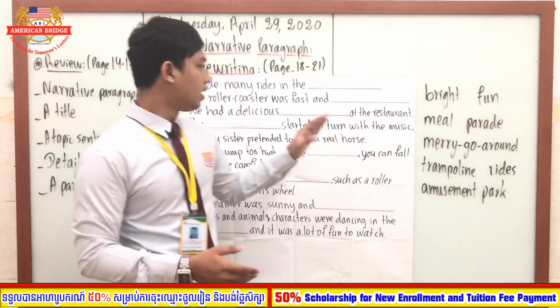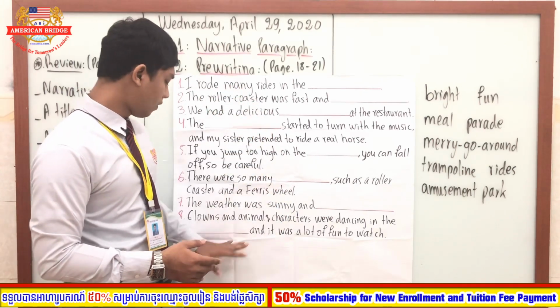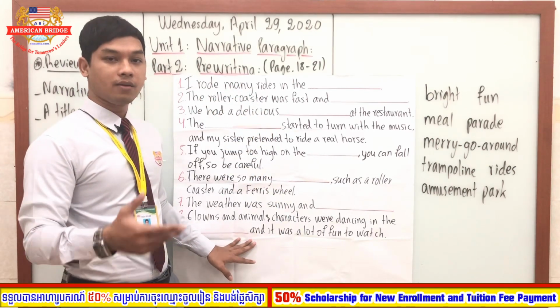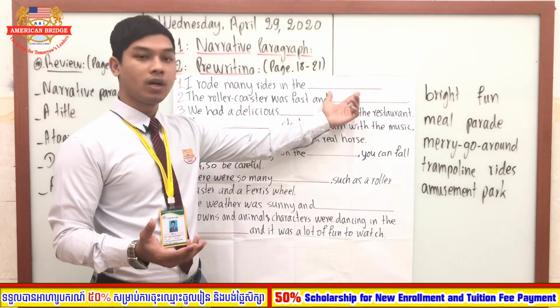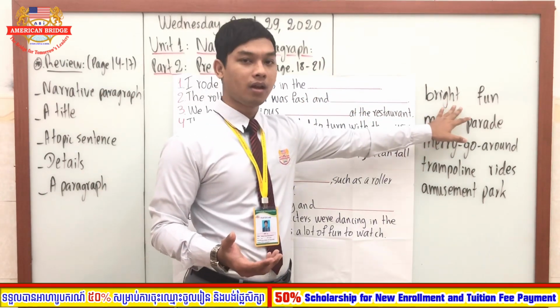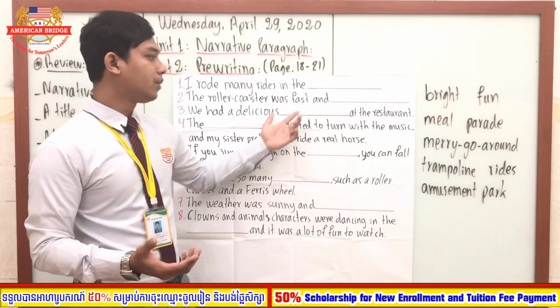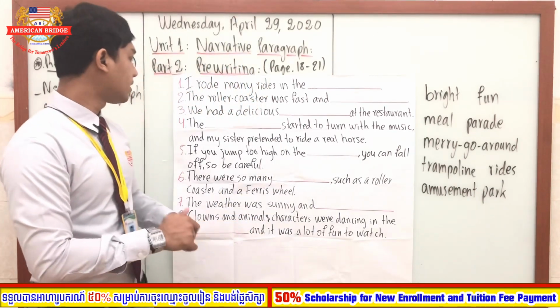fill in, because in this exercise A1 we have 1, 2, 3, 4, 5, 6, 7, 8 sentences where some of the words are missing. So what we have to do is complete all of these key terms into these sentences. All right, good. So now let's see all together.